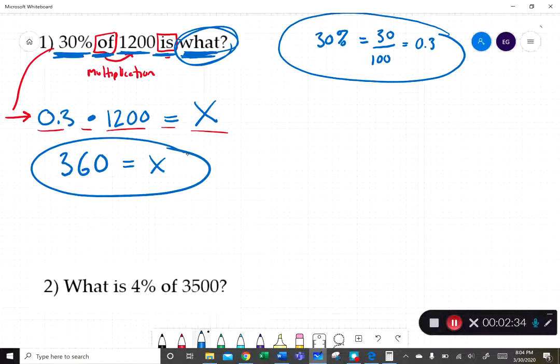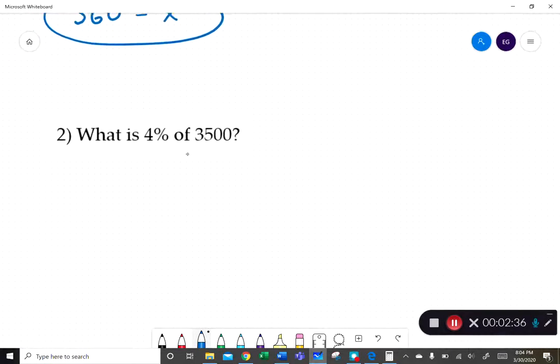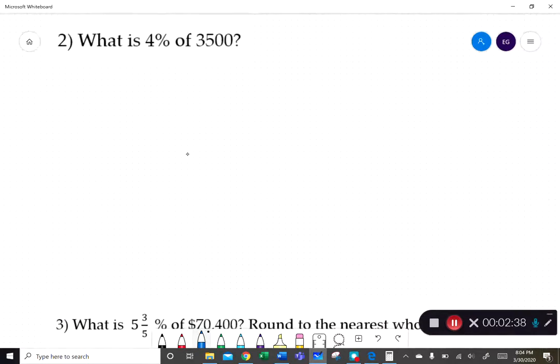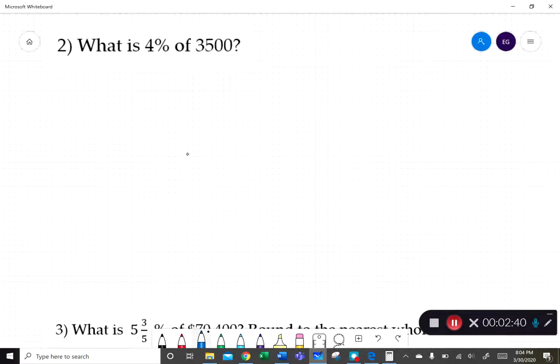So using the same approach in problem number 2, what is 4% of 3500? And so we see again, we have the word of followed by a number. So of 3500 is times 3500. All right, so let's see. We have what? Well, we don't know what that number is yet, so we'll give it a symbol. We'll call it x.